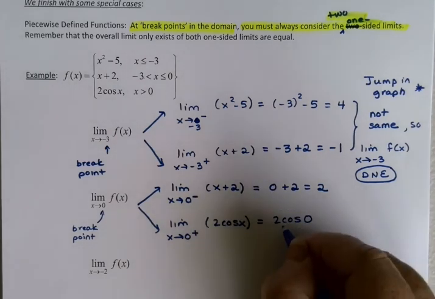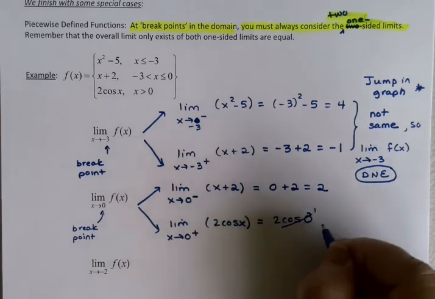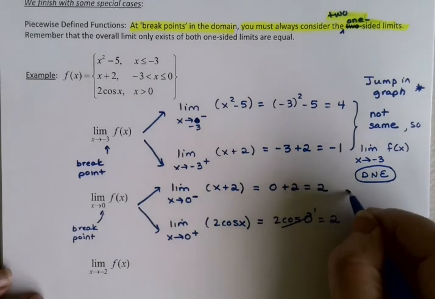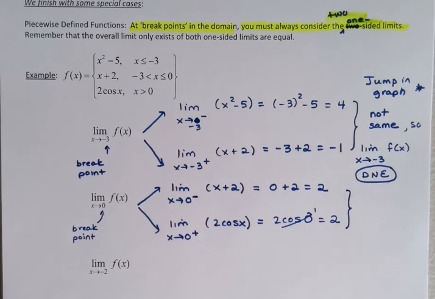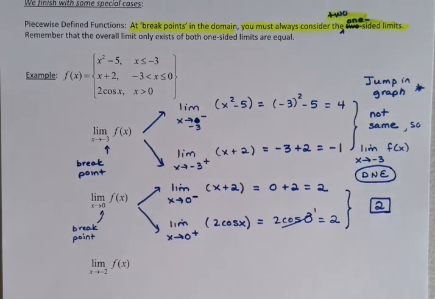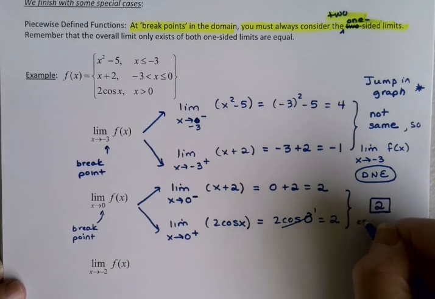And since the cosine of 0 is 1, that's 2 times 1, or 2. This time, we got the same limit from the left and the right. So the limit is actually 2. We have a finite limit. This is a point of continuity on the graph.